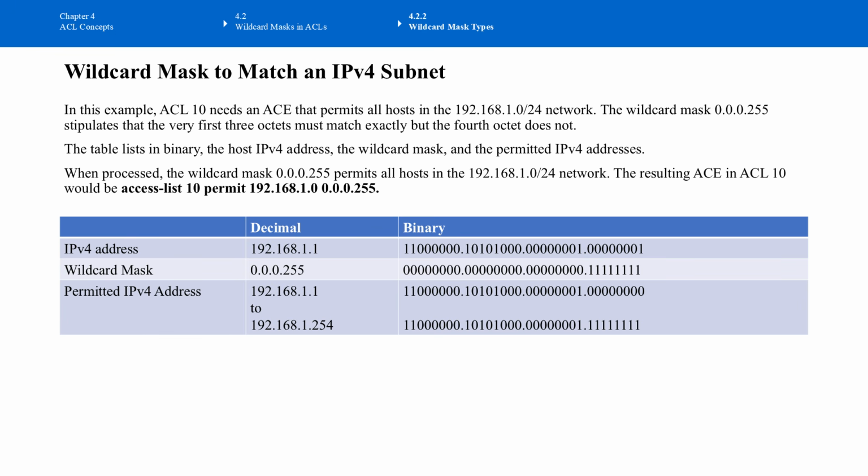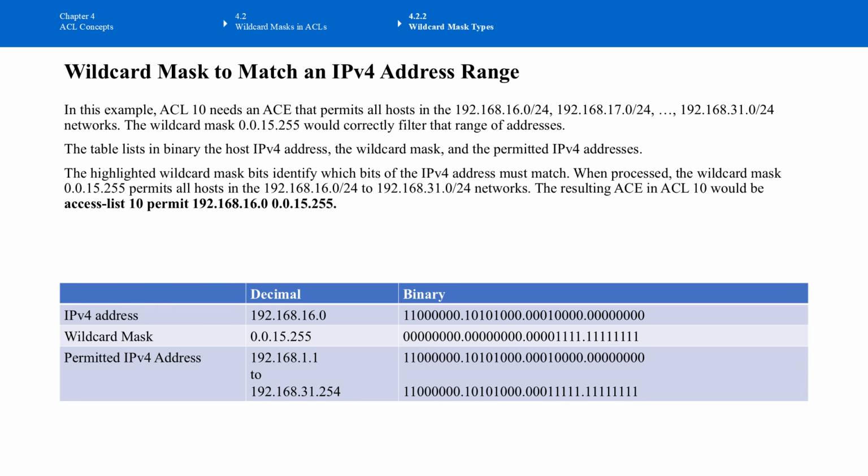So the permitted IPv4 address range is from 192.168.1.1 to 192.168.1.254. The last example here shows the IPv4 address is 192.168.16.0.